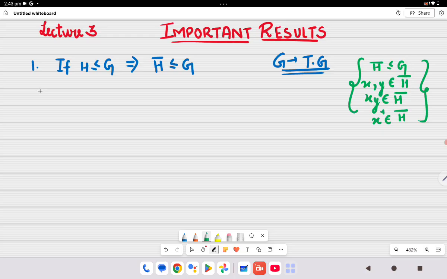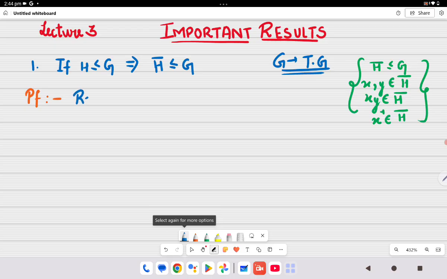Now if G is a topological group, I know that the multiplication map, क्योंकि G एक topological group है, so what I know is that the multiplication map and the inversion map, they both are continuous.